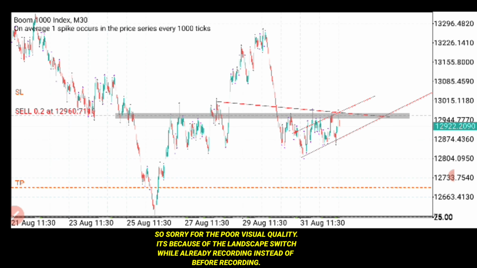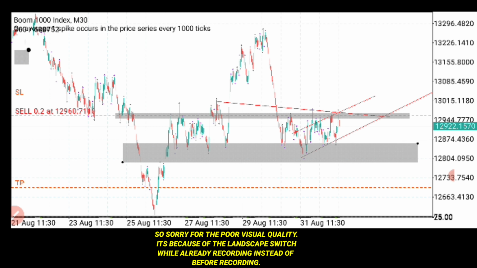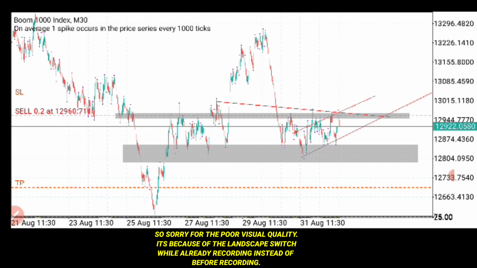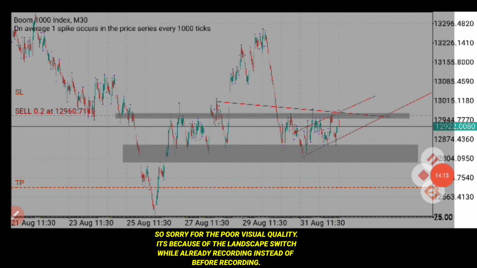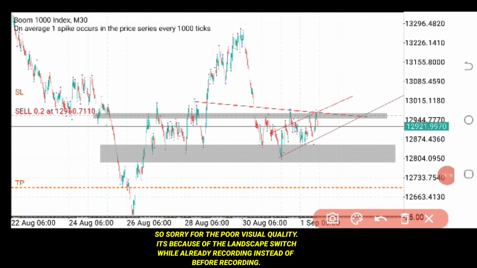This is another point of focus. Because I'm on landscape, this market looks like a very big, huge market, which is why you're looking at it this way. The market is actually going to react somewhere around here, which is why my TP is going to be here.